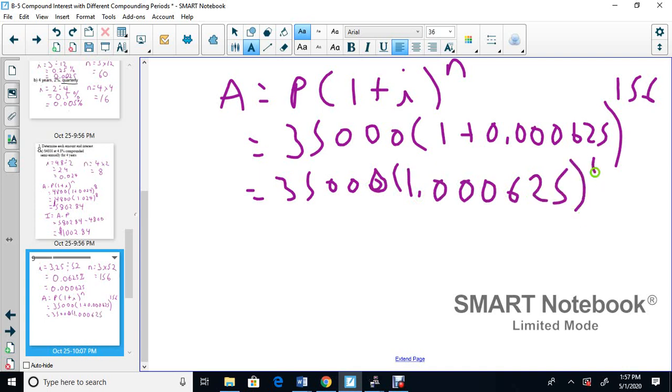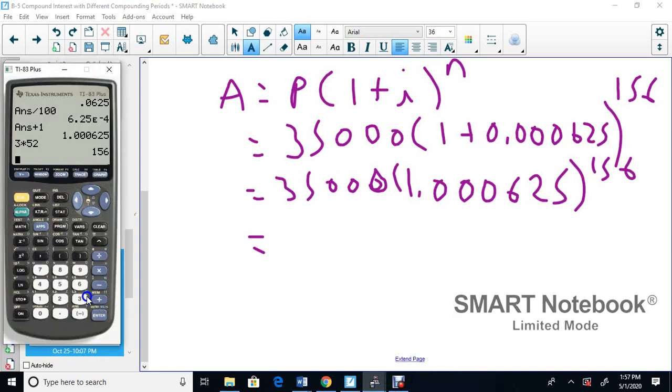Let's go to my calculator here. 35000 times 1.0000625 to the exponent 156.